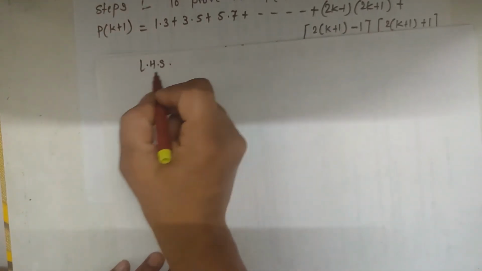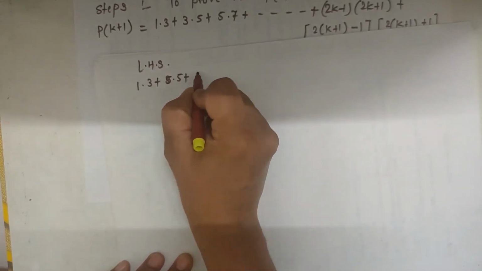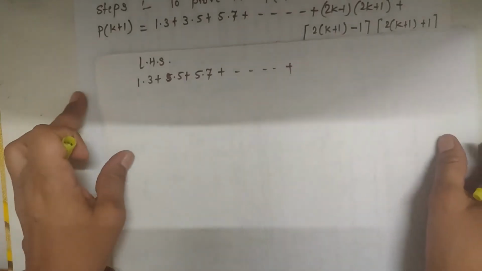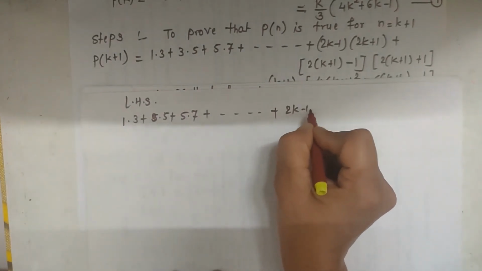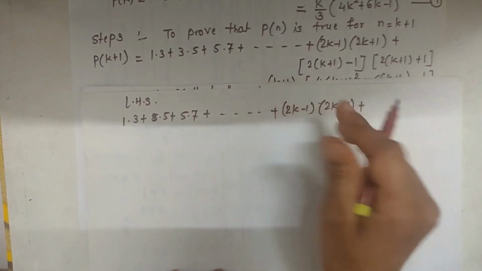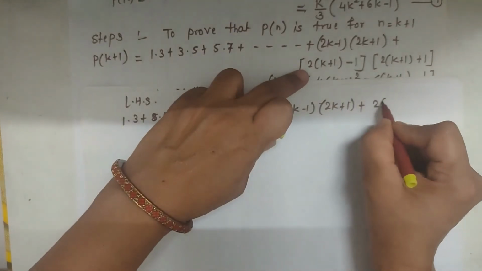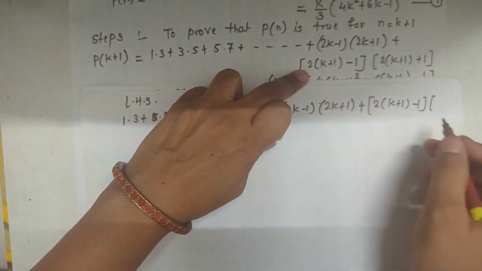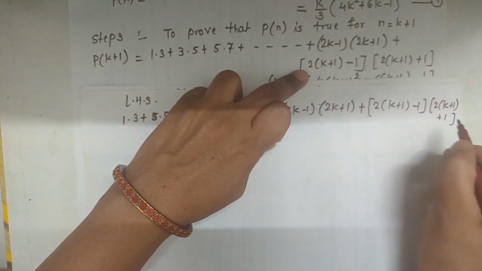Here LHS is 1 into 3 plus 3 into 5 plus 5 into 7 plus up to the second last term. Here the second last term is 2k minus 1 and 2k plus 1, and the last term is 2k plus 1 minus 1 and 2k plus 1 plus 1.